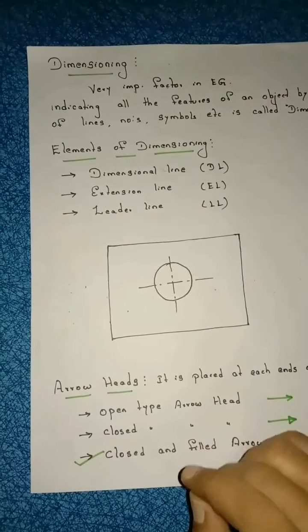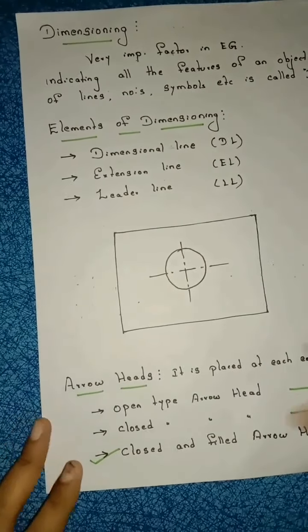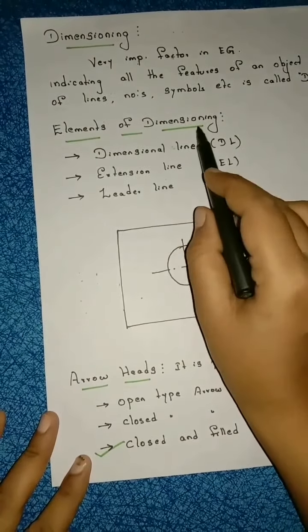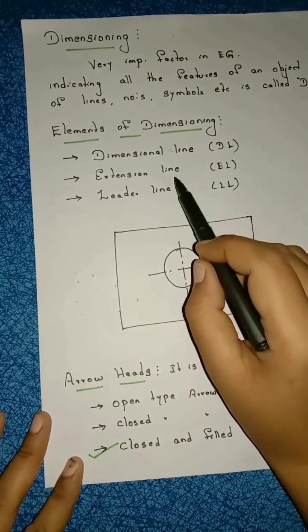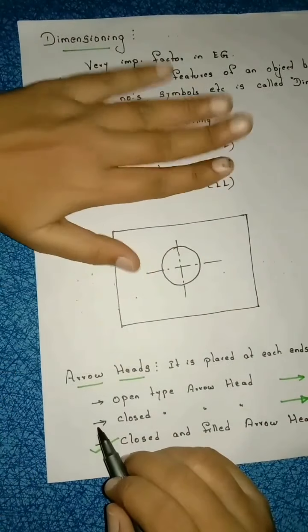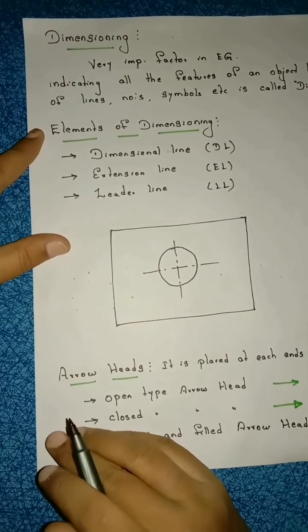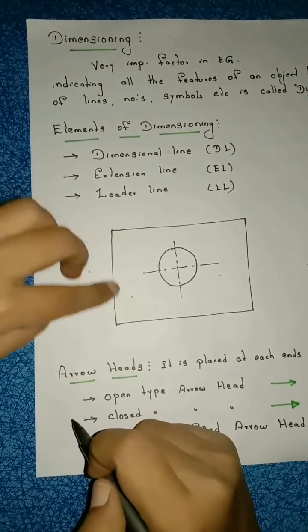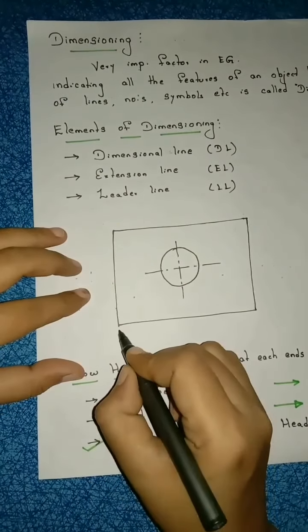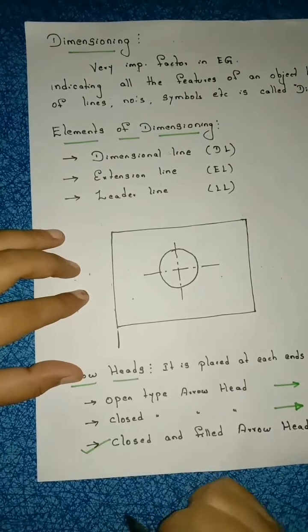Now how to mark dimensions? What are the elements of dimensioning? Dimensional line, extension line, leader line. Now I have to mark the dimensions of this. This is the starting part of your diagram; just draw the extension line.